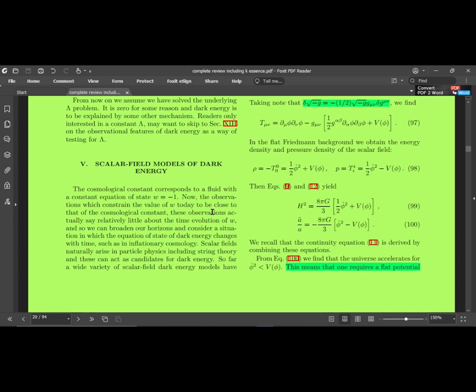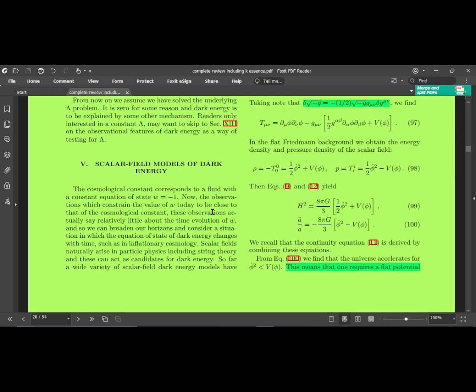But the thing is that since we are seeing that different epochs have different equations of state, it means that the Lambda CDM model is not a very well defined thing. We need something dynamical, which explains the different epochs of the universe, while the Lambda CDM model only gives you a scenario of late time cosmology.